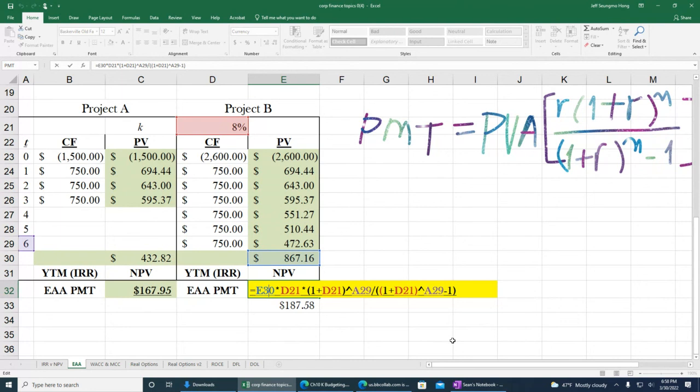Well, it would be 867. So if you pay 867 today, you're buying into this annuity plan, and over the next 6 years you'll be receiving 187 every year at the end of it. And 867 is basically the present value of the project. No, that's the net present value of the project. In other words, after deducting the initial investment. I understand. You're welcome.